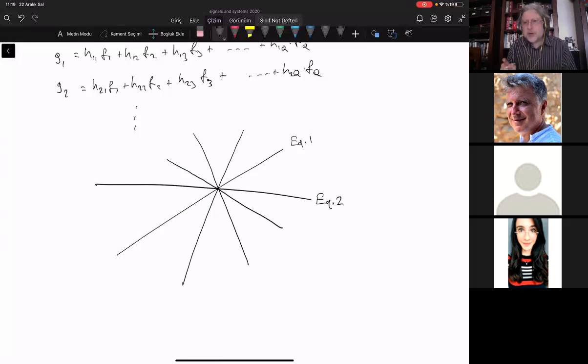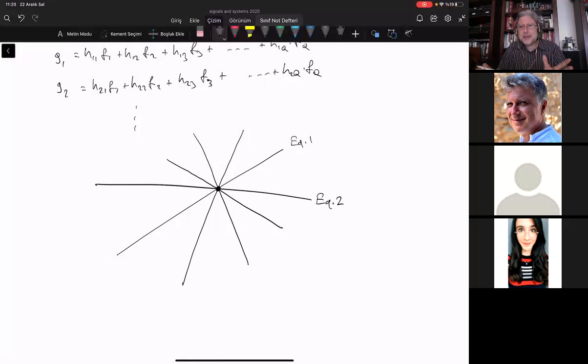These are all equations which have only one intersection point. And that intersection point corresponds to the solution of F1, F2, F3 up to FQ in the Q-dimensional space. So we are looking for the intersection of these lines.